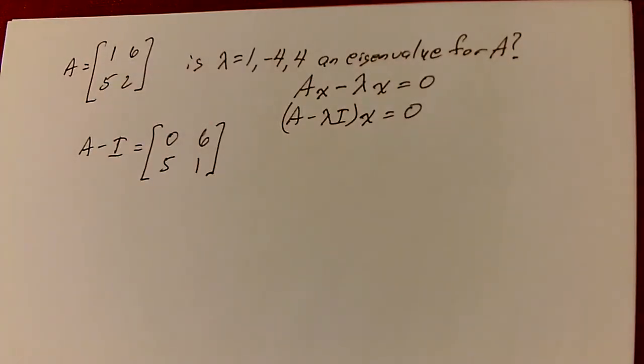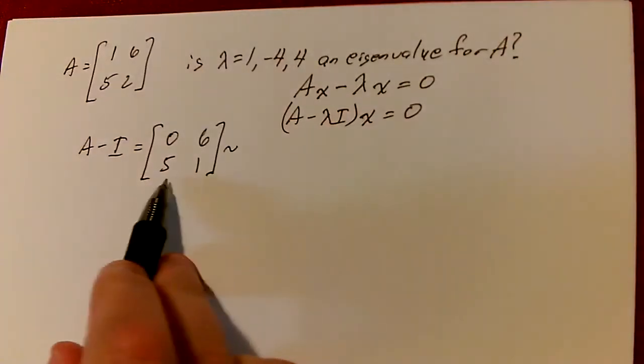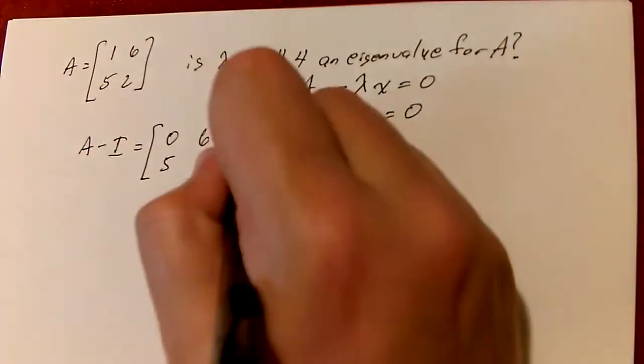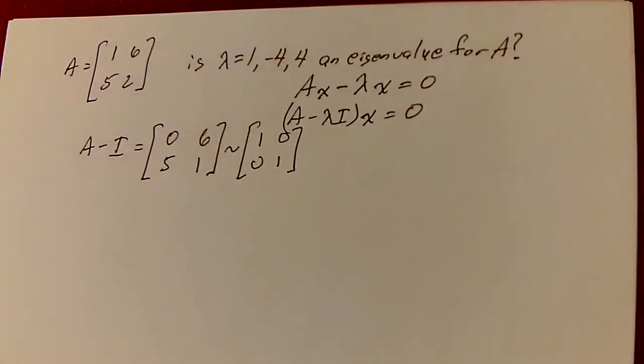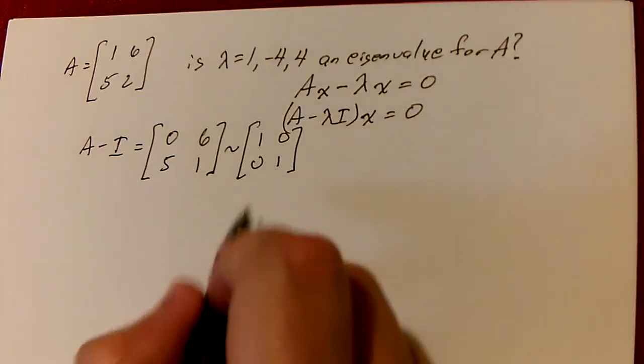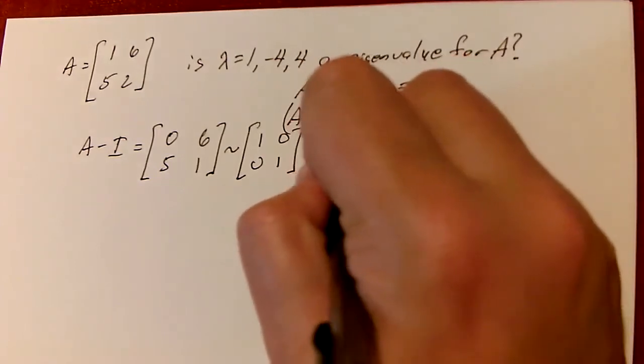As I look at this matrix, these two columns are clearly independent. And if those two columns are independent, I know they reduce to the identity. And if they're independent and reduced like that, I don't have any non-trivial solutions. I don't have any free variables.